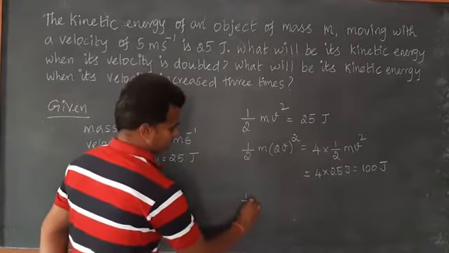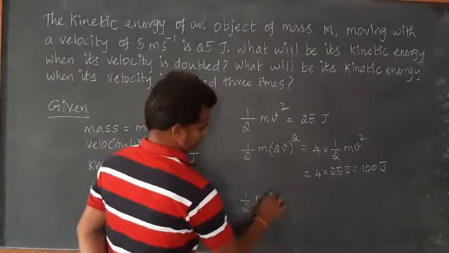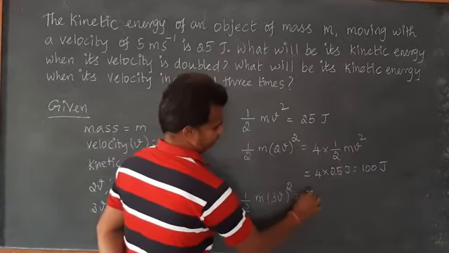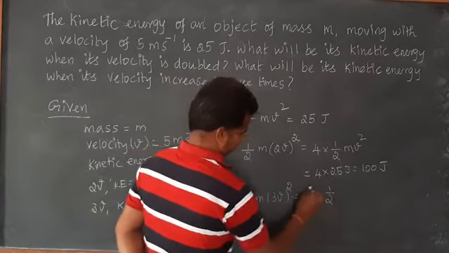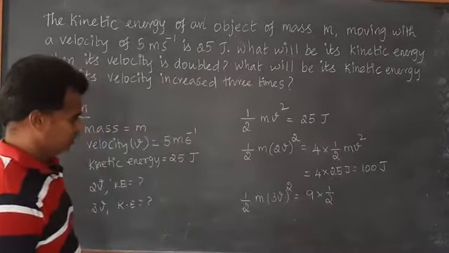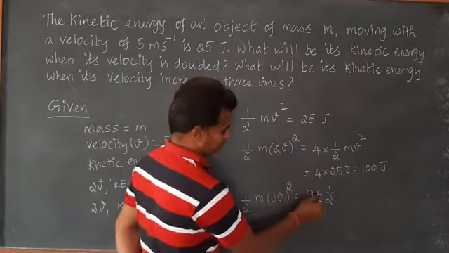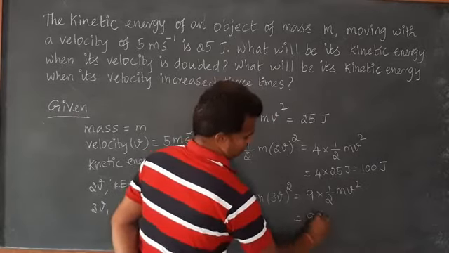Similarly, if the velocity is tripled, then v should be replaced by 3v, and 3 square is 9, into half m v square.